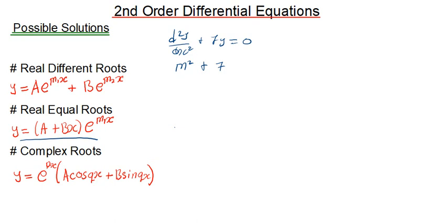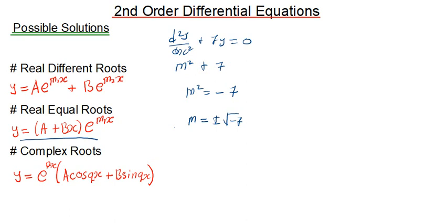The other part is a constant, so that's what we have. So meaning our m squared is equal to negative 7. So meaning we're going to have m being equal to positive or negative the square root of negative 7.